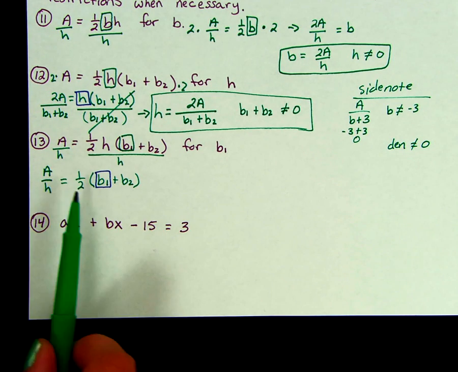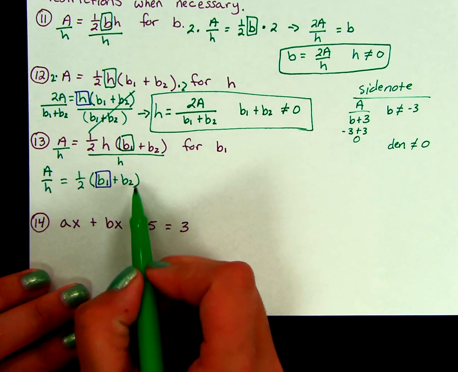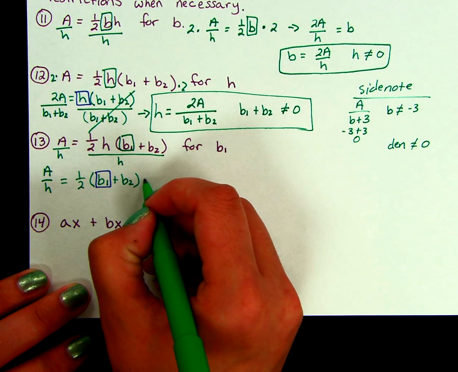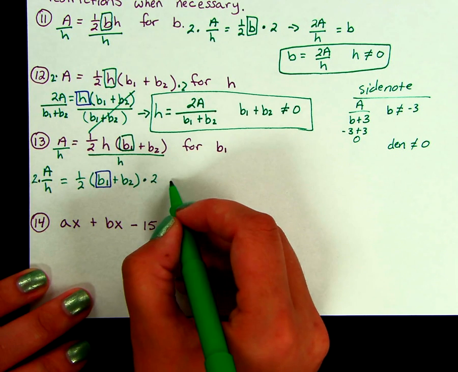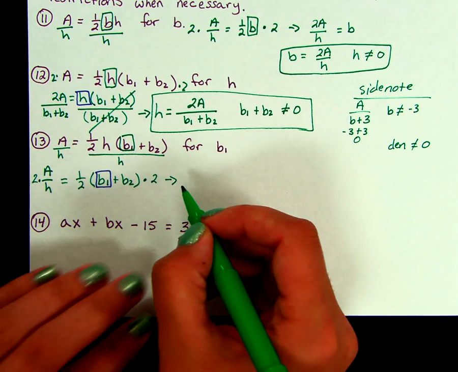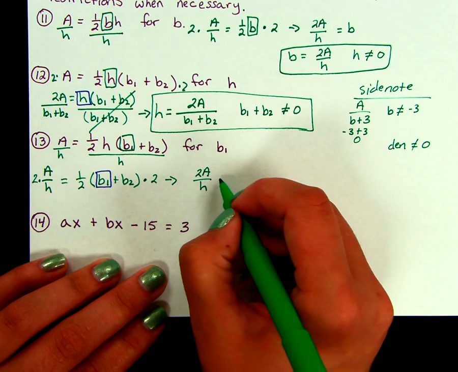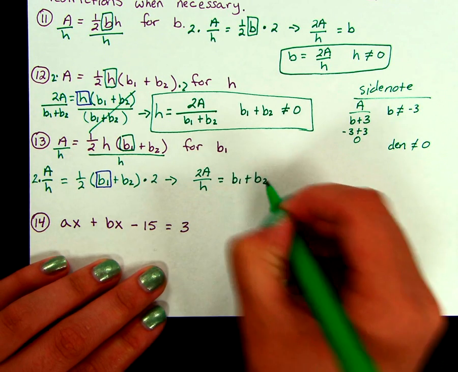So now we have to get rid of that 1/2 out in front, and when we do that, that means that we can also drop the parentheses, which will help us. So now I'm going to take everything times the reciprocal, so everything times 2. So now when we do that, we have 2a divided by h equals b1 plus b2.